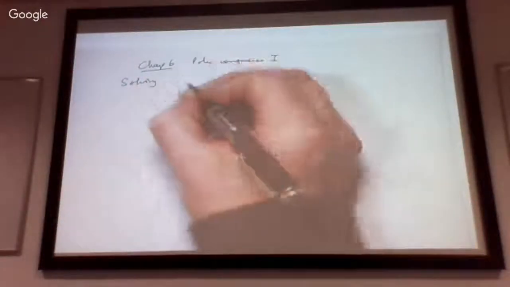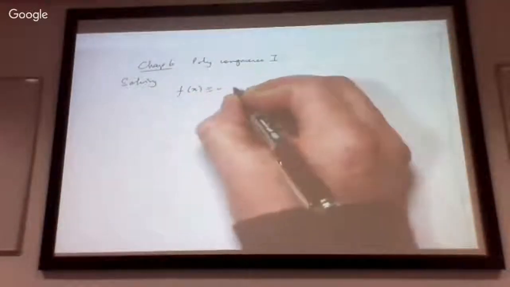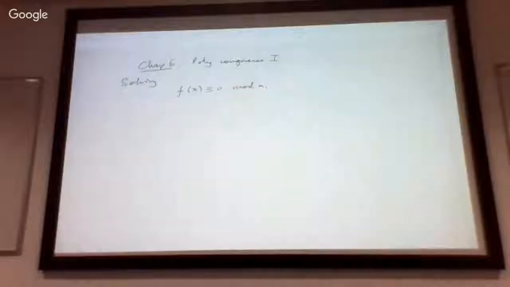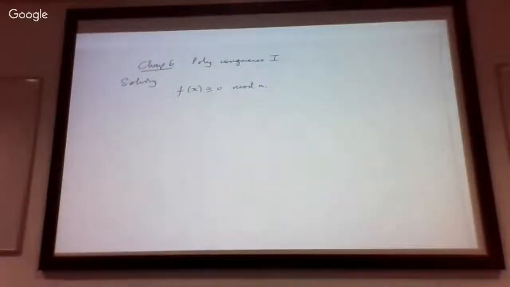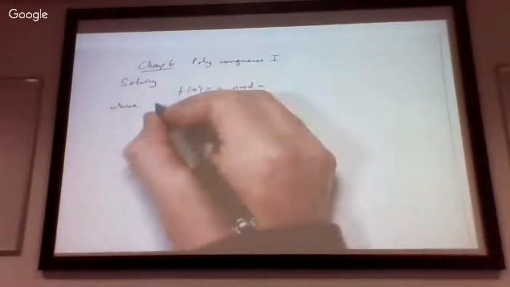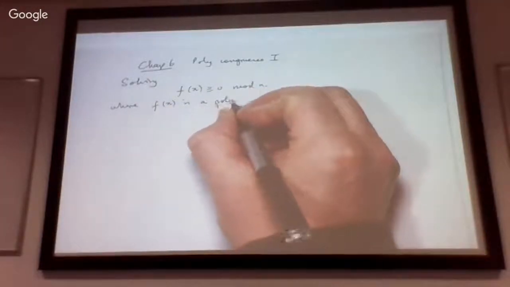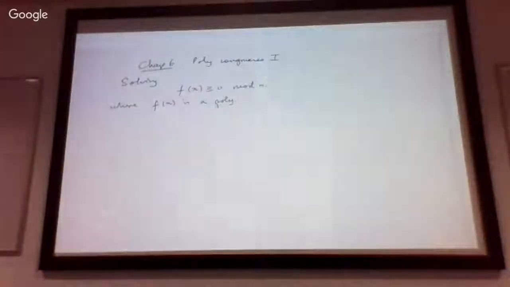So just to summarize, the basic task here is solving problems like this. f of x congruent to 0 modulo n, where f of x is a polynomial with integer coefficients.